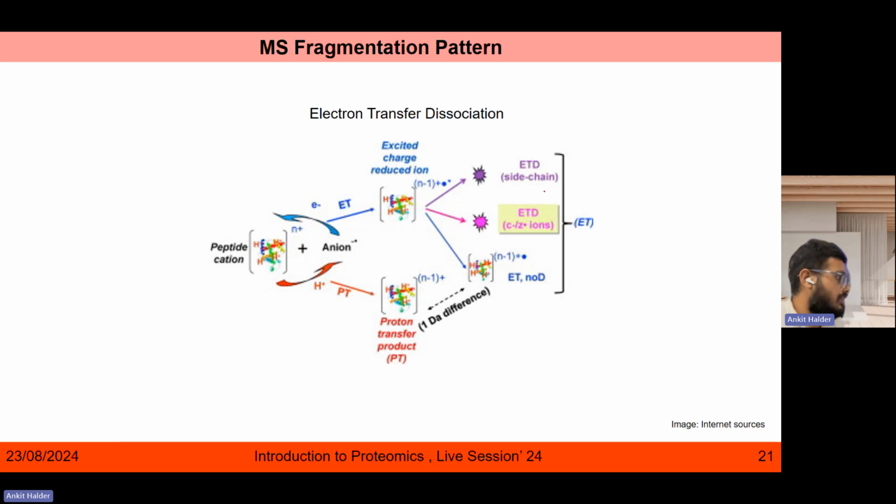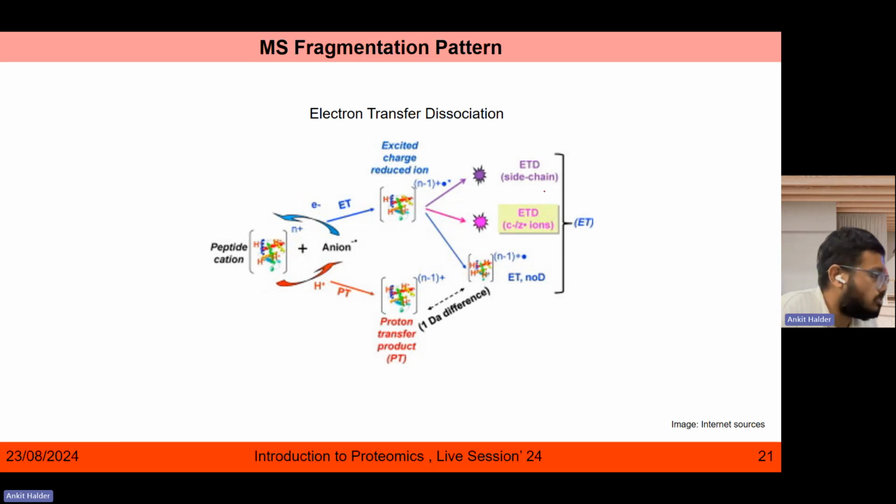Another method is electron transfer dissociation, where you take the peptide cation and get the excited charge reduced ion and then the proton transfer product.